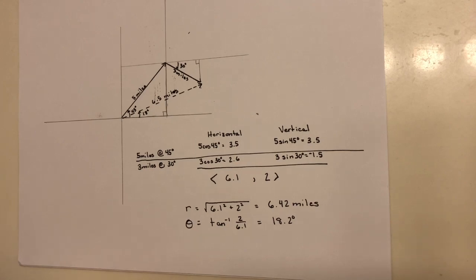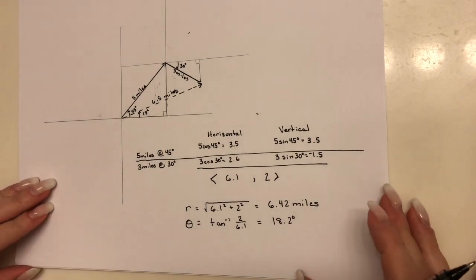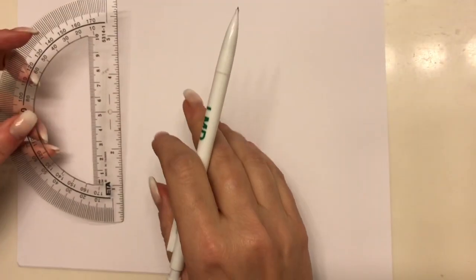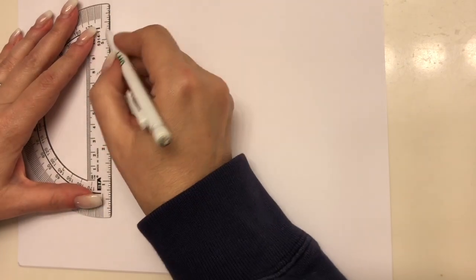So pretty close guesses. Now, what if you're a person who really wants to do things not using tip to tail, but you want to use the parallelogram method? No problem. Let's give that a try for you. So again, I am going to start off by drawing myself some axes.